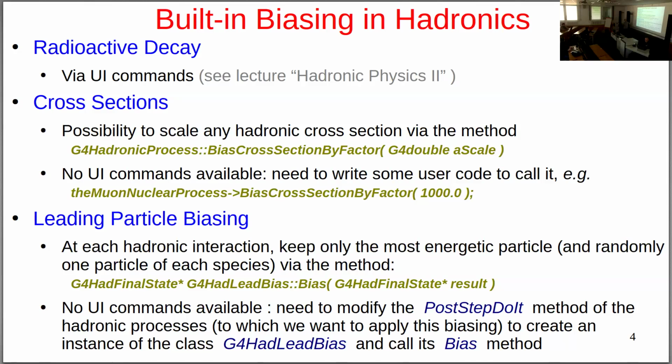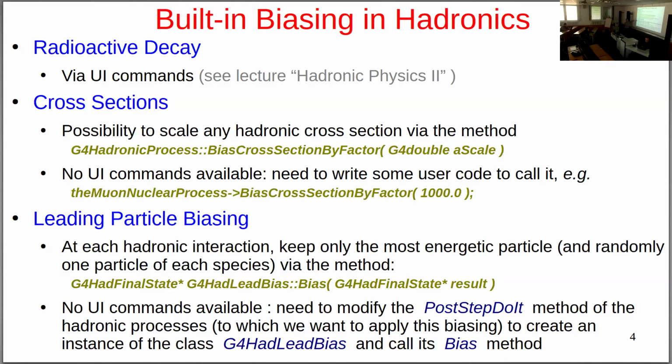One is the radioactive decay. We have seen in the hadronic physics too that there are several UI commands to use biasing for radioactive decay. For a cross-section, there is the possibility to scale a hadronic cross-section by calling this method, G4HadronicProcess CrossSectionByFactor, where you specify, for instance, 1,000. I want to increase the cross-section by 1,000.